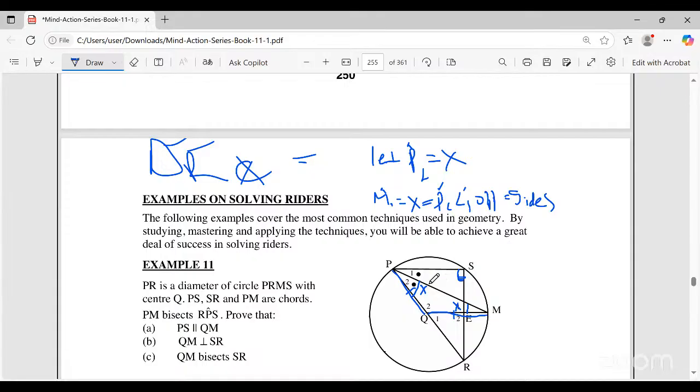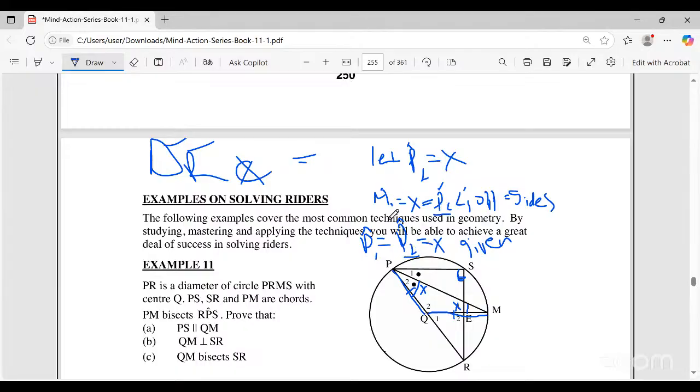Then now we come to this part. This P1 will be equal to X, P2 will be equal to X, then they are both equal to X. That one we are given. Then now, we have P2 here.